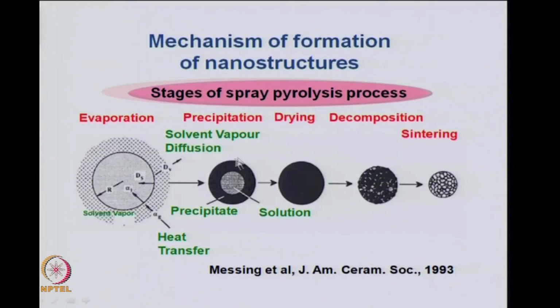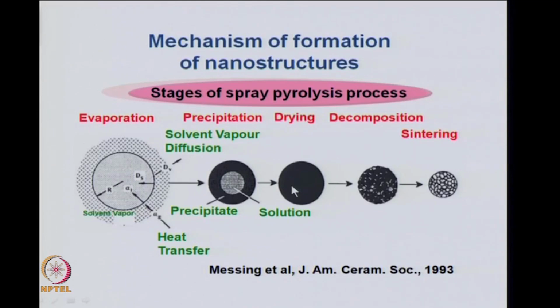So, you have this kind of ring structure, or what we call a core-shell type of structure, where you have this solid part or the precipitate outside, from where the solvent has been removed due to the heat, and inside there is still some solution. As time goes on, even the solvent from the interior diffuses out, and so this becomes a dense particle. Now we can say that the particle has dried.